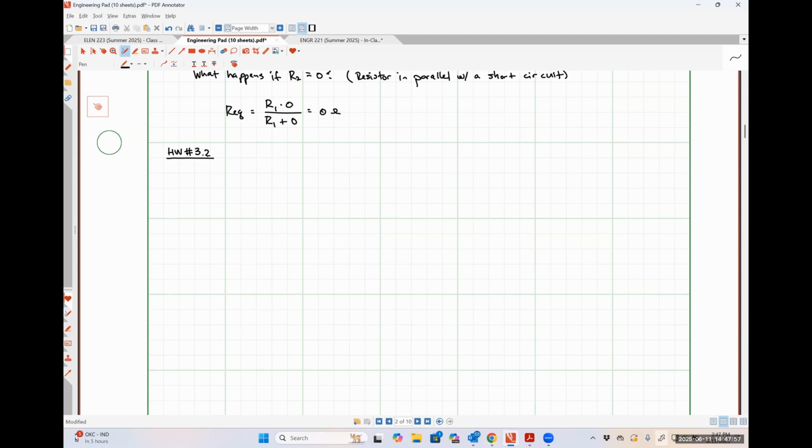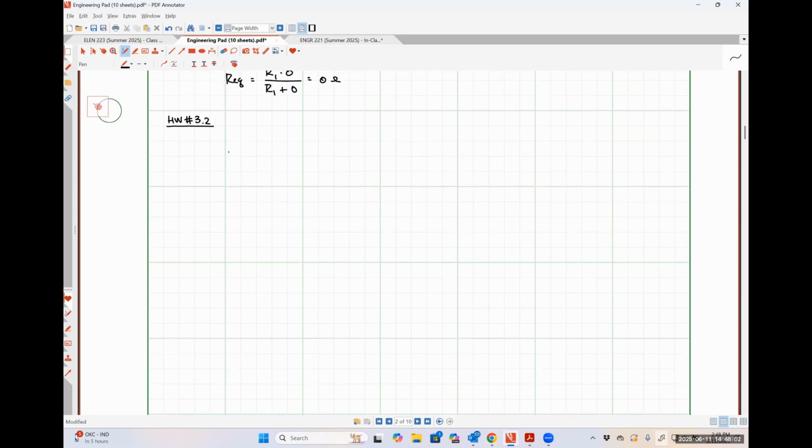And I'm just going to draw the network that you guys are given. So let's say that we're interested in this guy here. This is going to be a 100 ohm resistor. Then over here, we are going to have a 50 ohm resistor. And over here to the right, we are going to have a 75 ohm resistor like so.